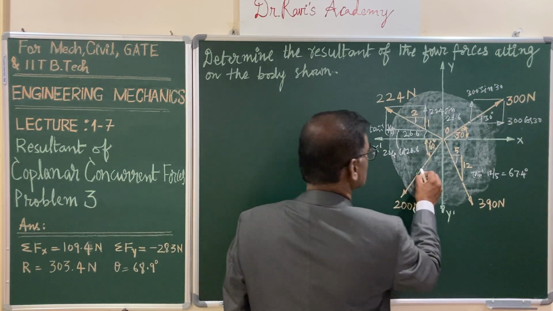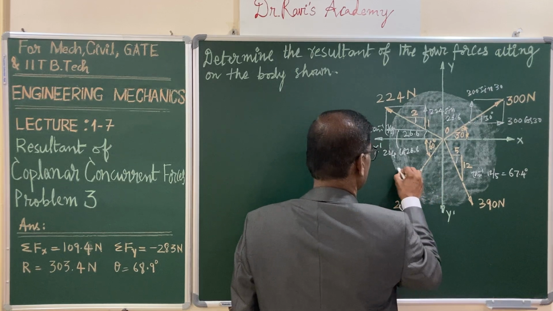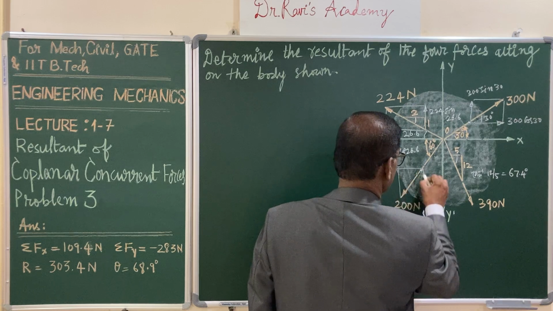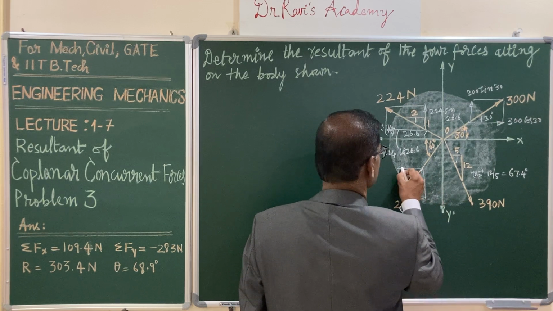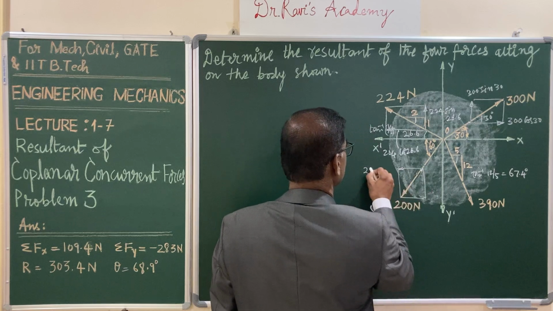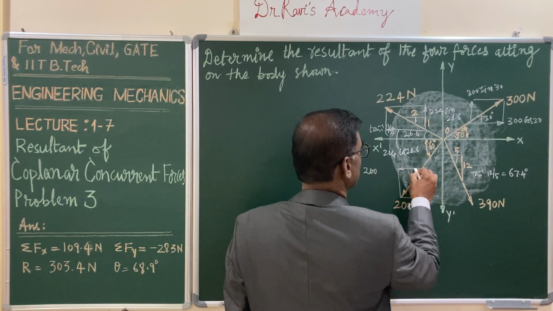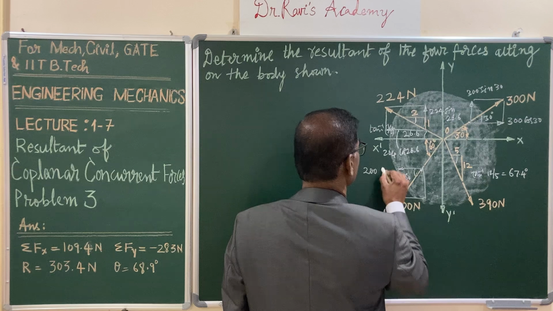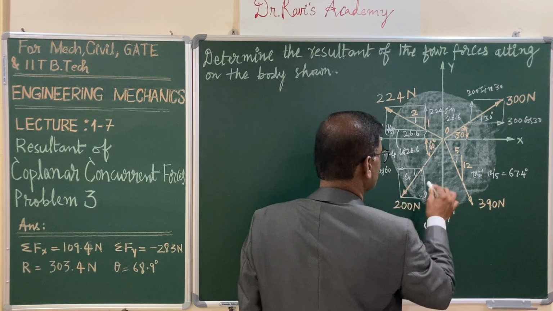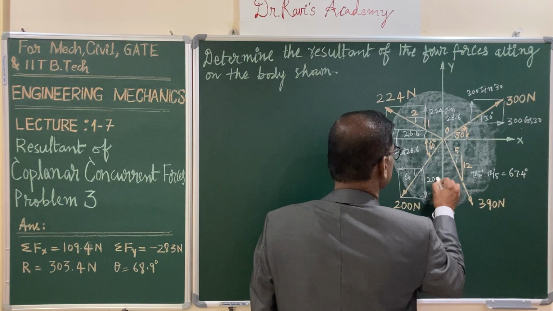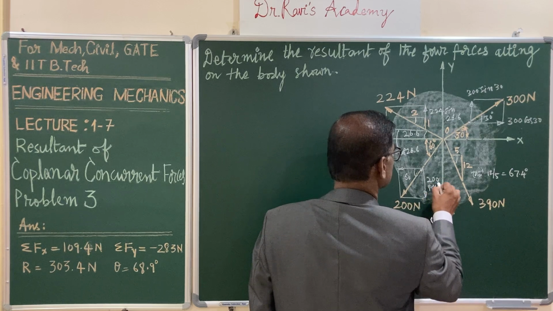For the next force, identify a point, and with this as diagonal divide it into two rectangular components. One is along the x direction, this is 200, its angle is 60 degrees, so 200 cos 60, and the component downwards is 200 sin 60.